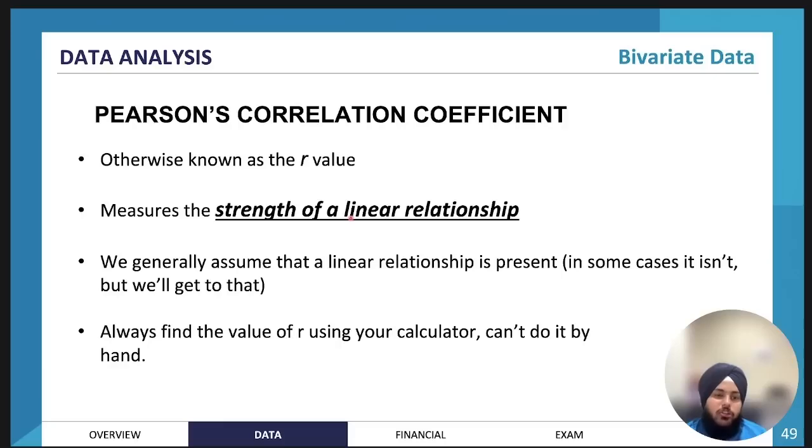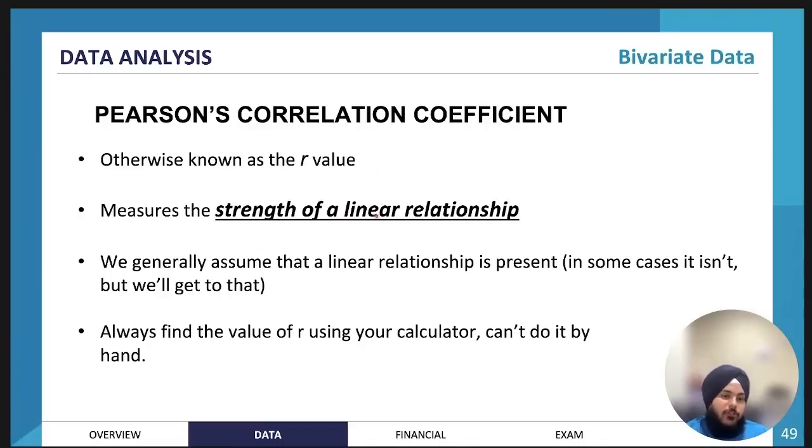When you're describing the strength of a scatter plot, you need to use the Pearson's correlation coefficient, also known as the R value. The R value is just a measure of the strength of a linear relationship. So how associated are the values of the explanatory variable with the response variable?